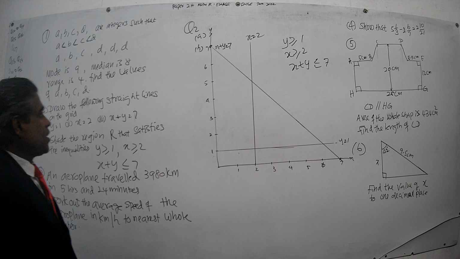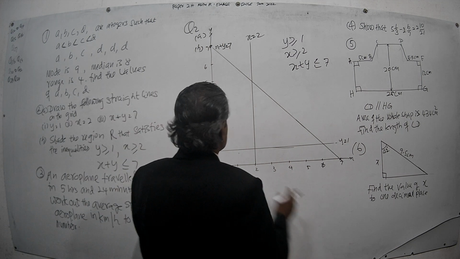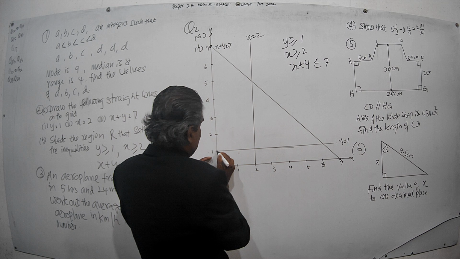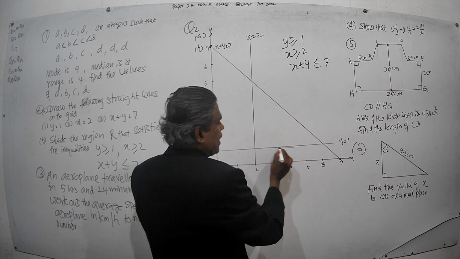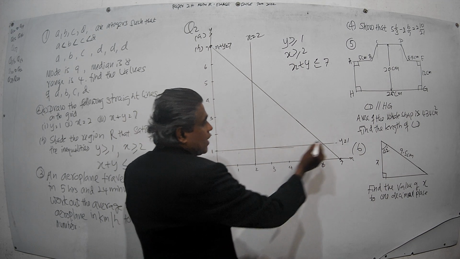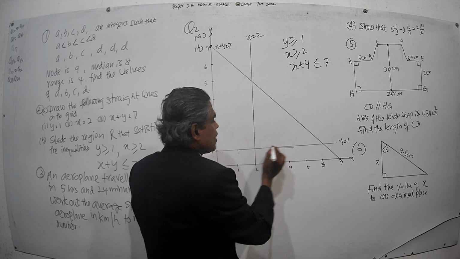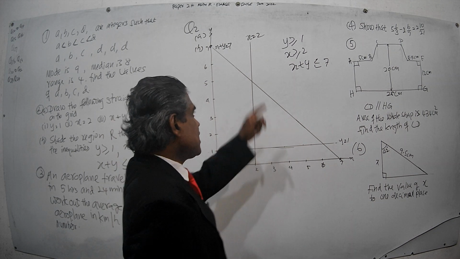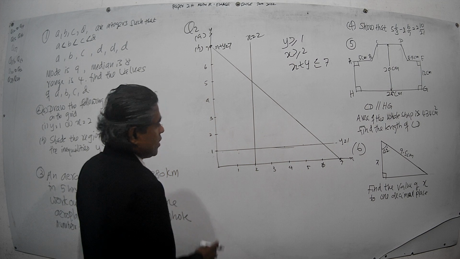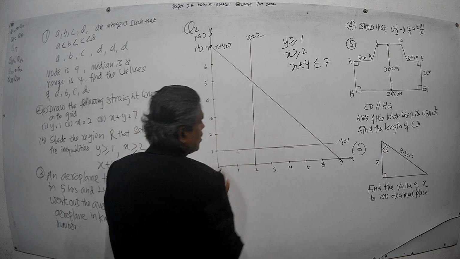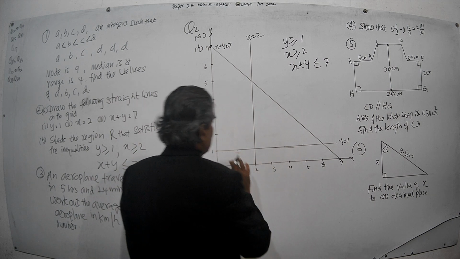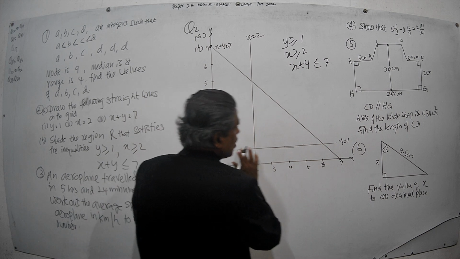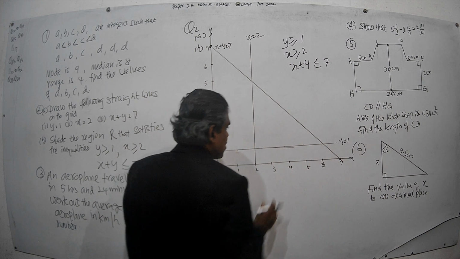Okay, then we will take this one, y greater than or equals 1. On this line, at any point, the y value is 1. They say y greater than 1 means, now by this line the coordinate plane is divided into three regions: one is y equals 1, the other is y less than 1, and otherwise y more than 1.